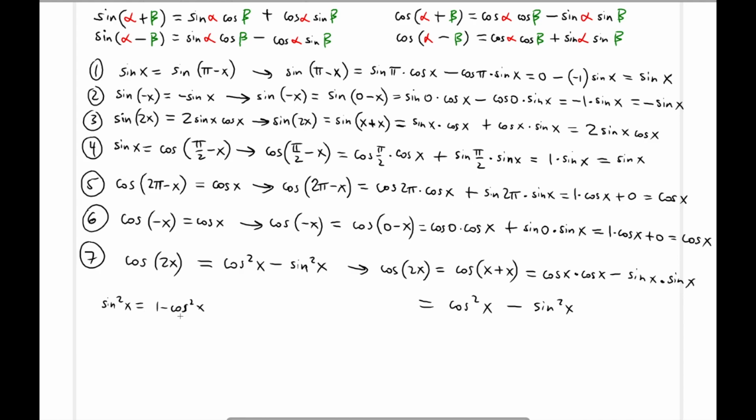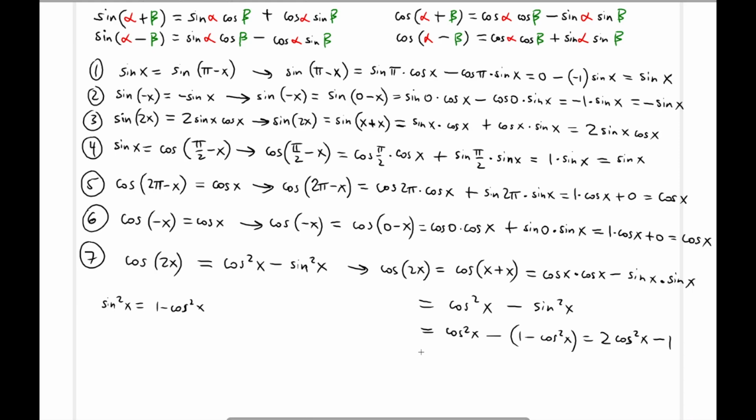If we use this formula, we can substitute the sine squared x with the 1 minus cosine squared x, which also means that we can put that in parentheses. Basically, substituting sine squared with 1 minus cosine squared. So we're going to get this, and that means cosine squared will be added to itself because of the double minus. So that means it's going to be 2 cosine squared x, 2 of them, right? So 2 cosine squared x minus 1, right? Because of the negative 1.